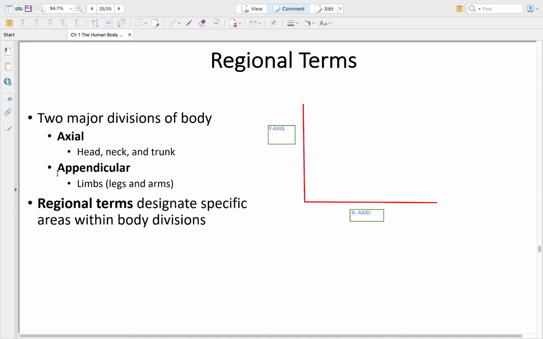Appendicular, think of the word appendages. These are the legs and arms. We divide the body up into these terms so that we can reference them quickly. So appendicular are your limbs, your arms and legs, and everything inside. And the axial is going to be the head, neck, and your trunk, which is your upper body frame.